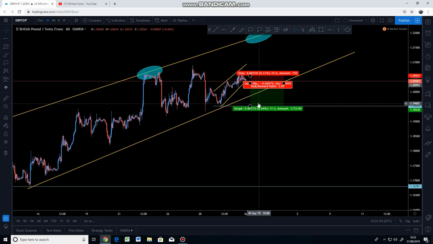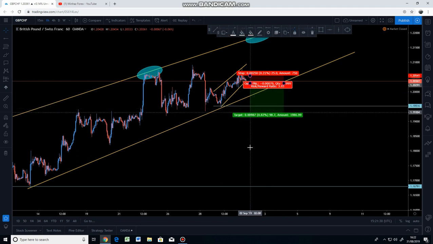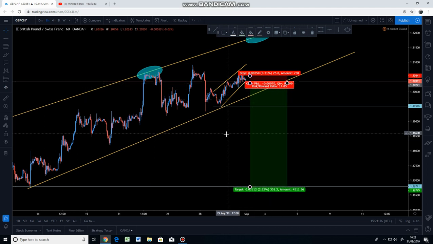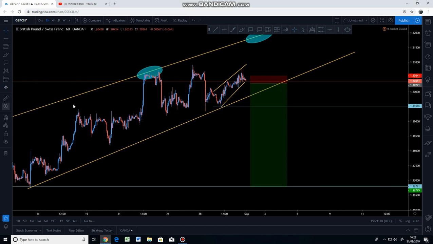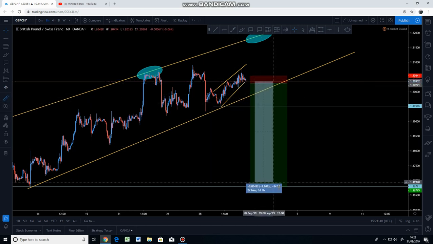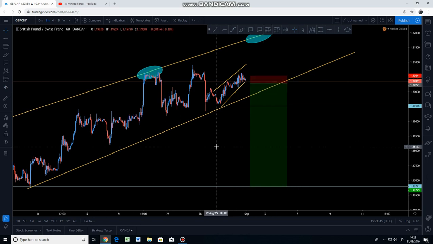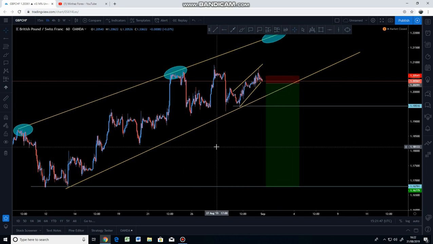This just went above 3%, and obviously if we do break this, my overall best risk management target would look around about here, which is giving me around about 14%, which is a lot. Like you could catch from all the way down here to here. That's around a 350 pip movement, which is a lot, which you can capitalize on this trade.